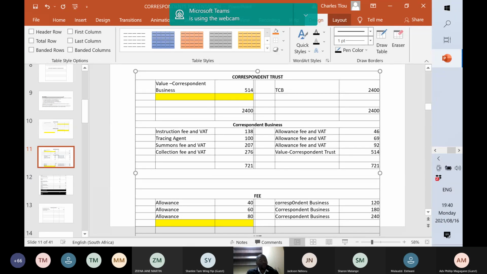Now we have done 7.1, which is the value step. Now we must go to step number 7.2, which is the cash step, where we must do the actual transfer of funds.